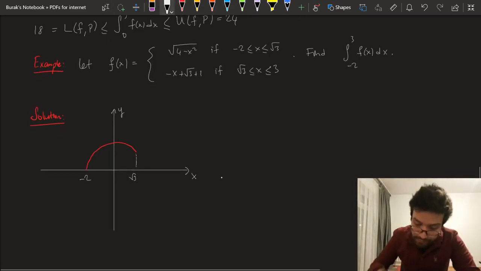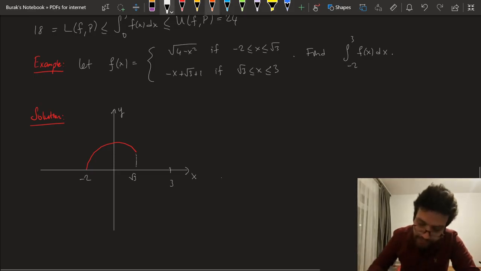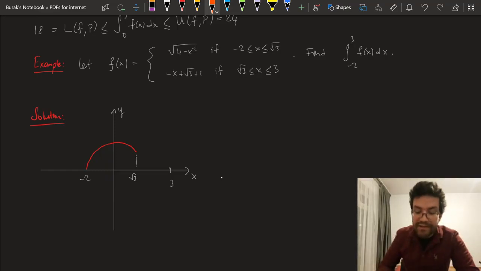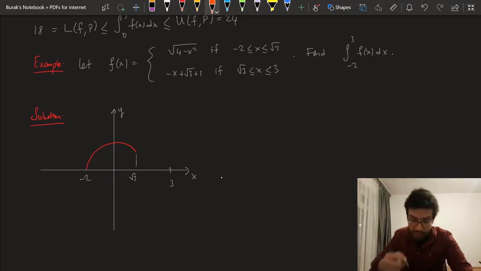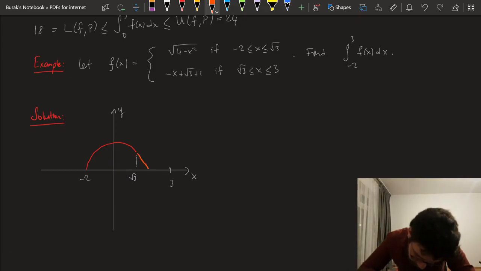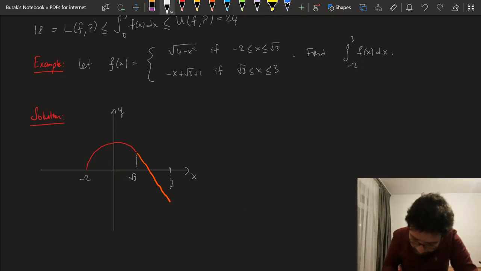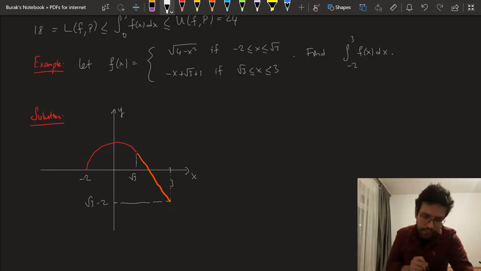And then starting from root 3 up to 3, it looks like it's going to be a line, y equals minus x plus root 3 plus 1. The graph of my function will be a line over here, and at point 3, its value is root 3 minus 2, okay? So you can check that.